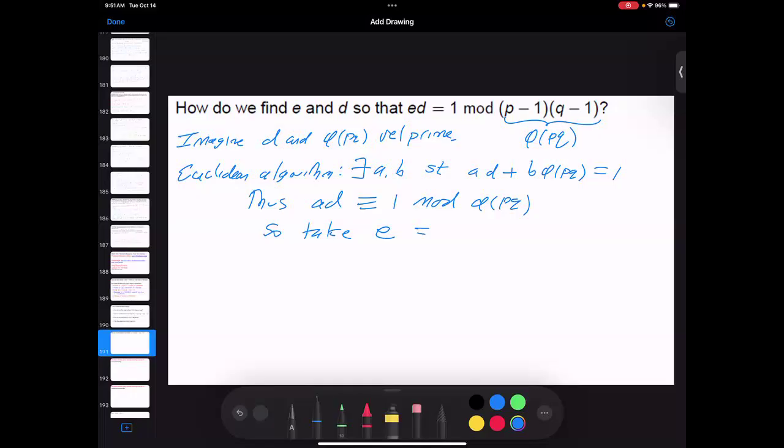So we found numbers a and b such that ad plus b phi of pq was 1. So what should we take e to be?